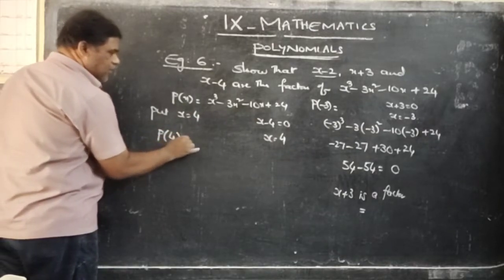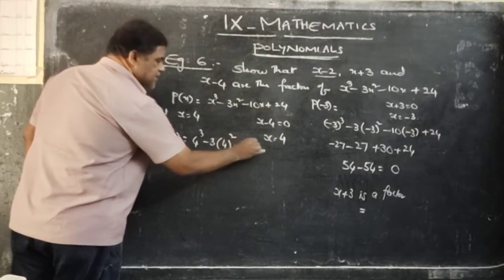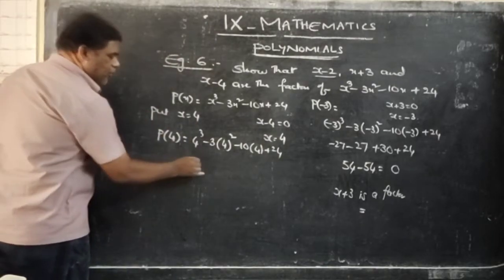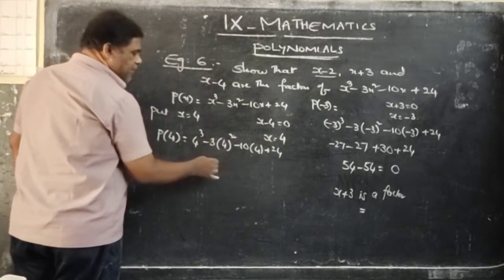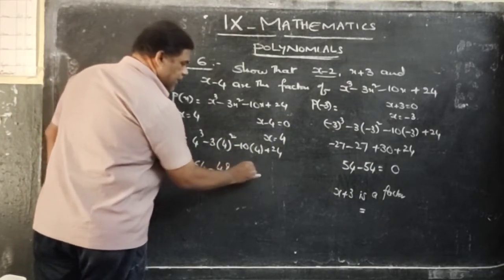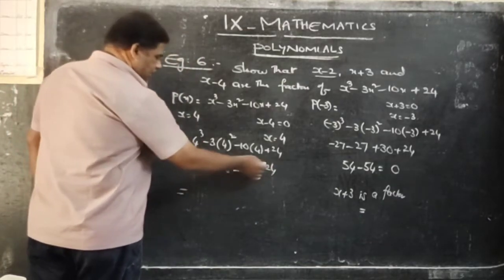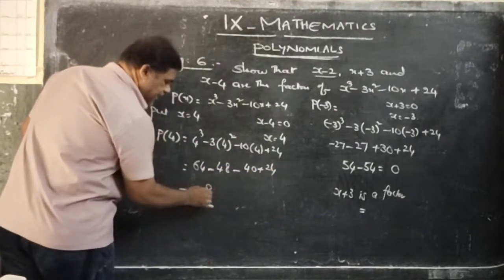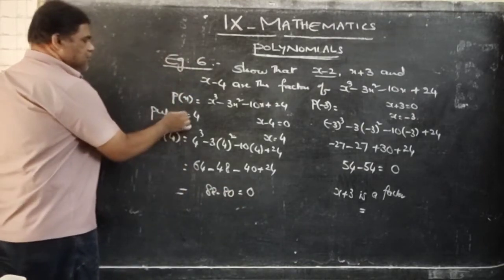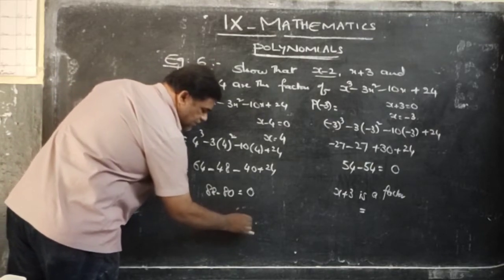P of 4 is equal to 4 cube minus 3 into 4 square minus 10 into 4 plus 24. 4 cube is 64, 4 square is 16, 16 3s are 48, 10 into 4 is 40, plus 24. 64 plus 24 is 88, minus 88, we got the answer 0. So on substituting x is equal to 4, we got the answer 0. Therefore, x minus 4 is a factor.